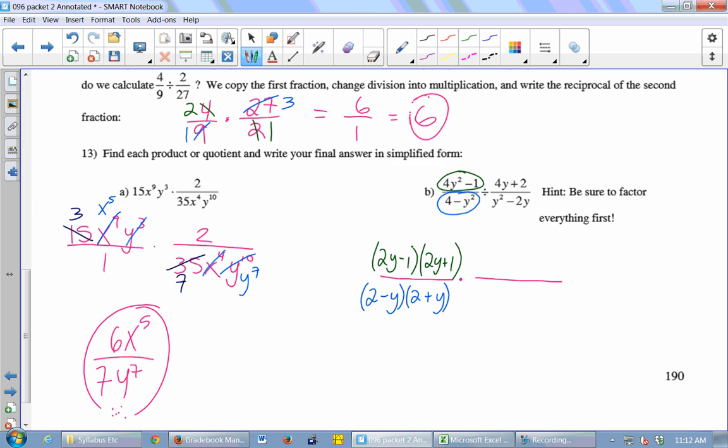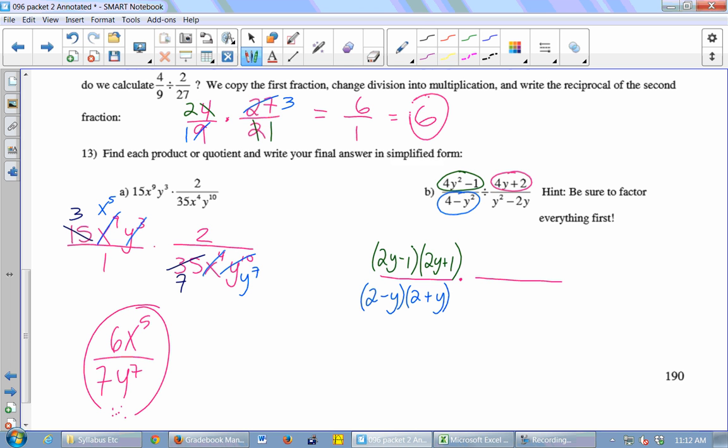All right, let's look at 4y plus 2. How can I factor that? It's got a GCF. And I'm going to move it to the bottom of the fraction because I'm flipping this fraction over and changing it to multiplication.